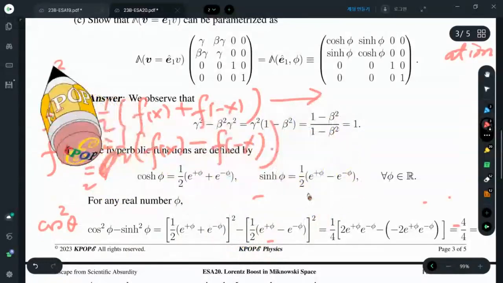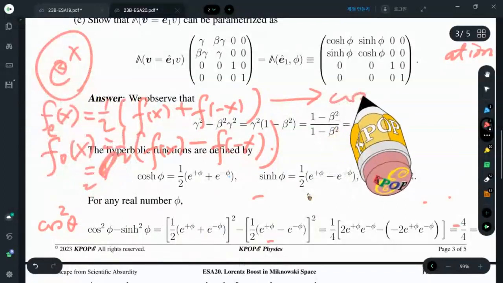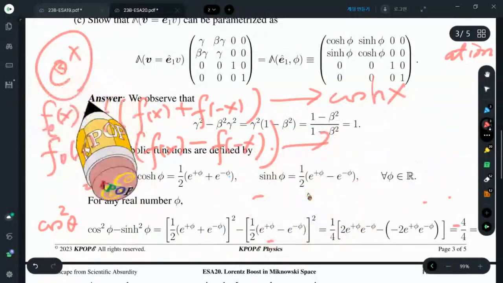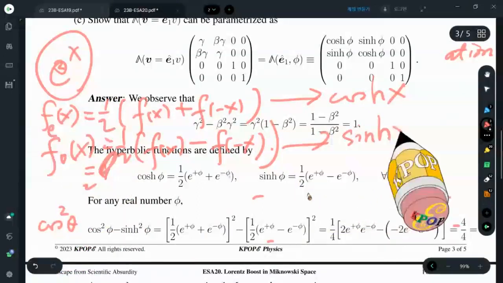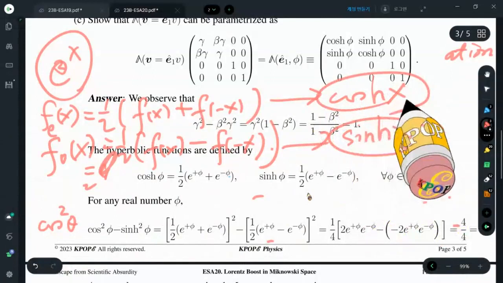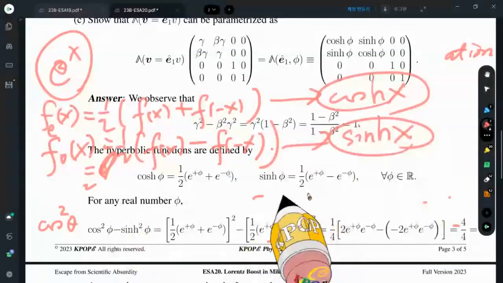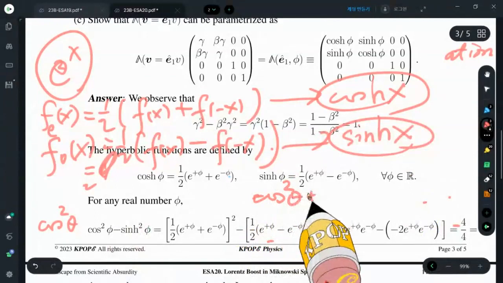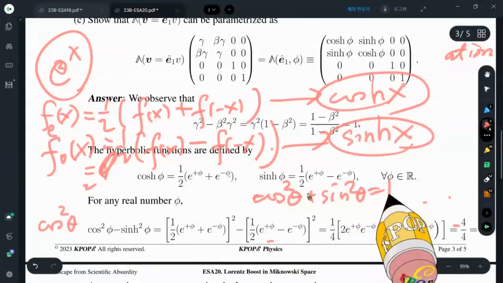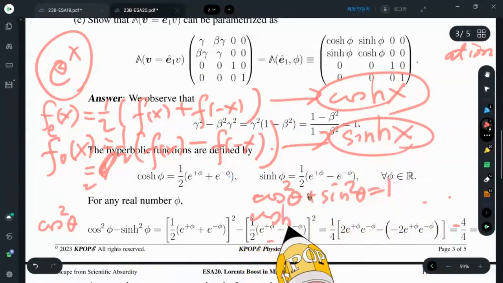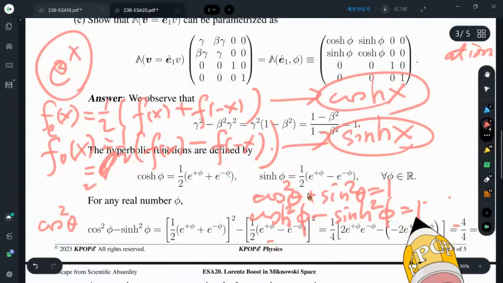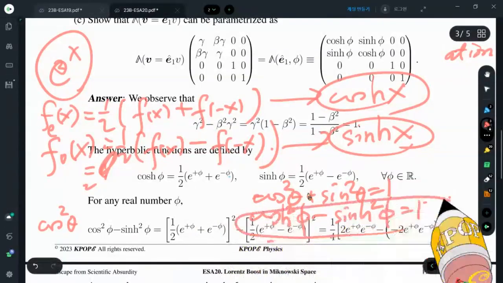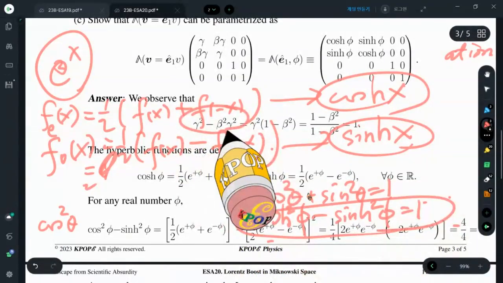So the even part of the exponential function is cosine hyperbolic, and the odd side is 1, 3, 5. This is sine hyperbolic of x. If I make use of these, instead of cosine squared theta plus sine squared theta equals 1, we have cosine hyperbolic squared phi subtracted by sine hyperbolic squared phi equals 1.